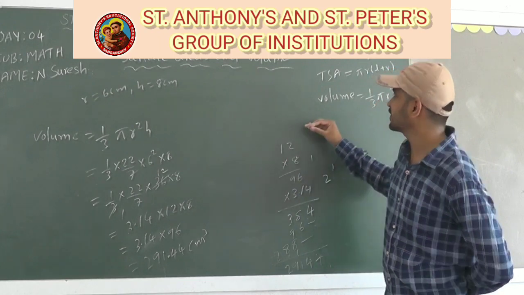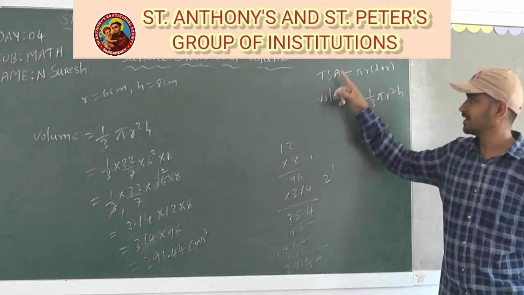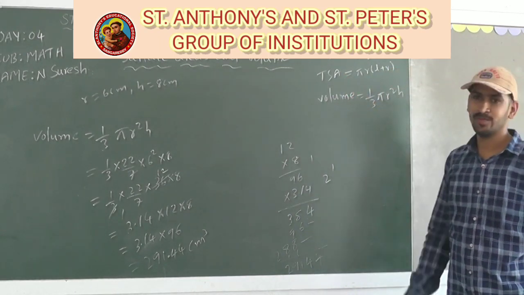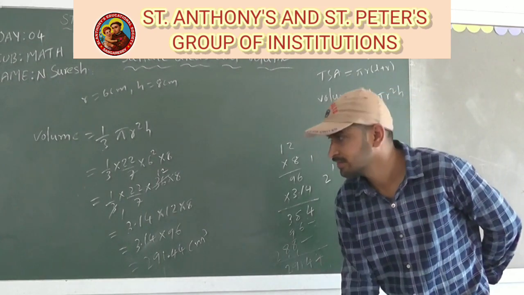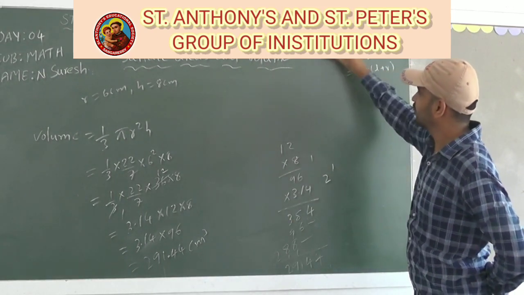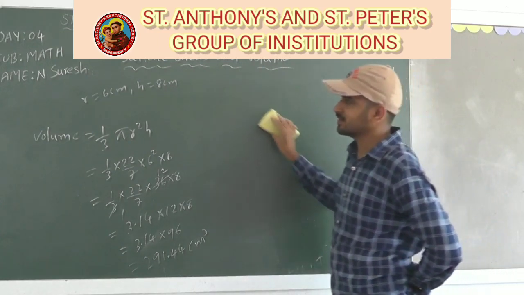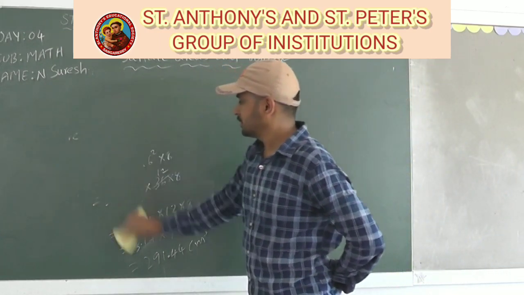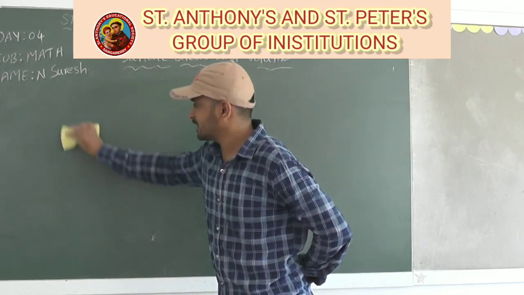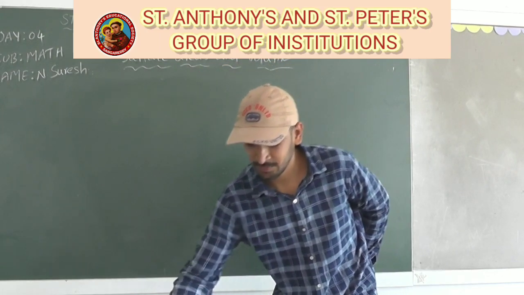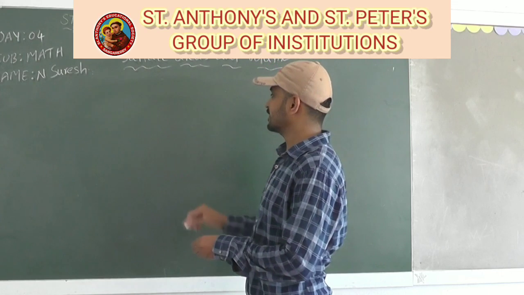So till now we saw some problems which are related to CSA, TSA, volume of the cone. Now what is our second objective? We have to find the relationship between the volume of the cone and the volume of the cylinder which have the same radius and same height. So first we have to see the cylinder.